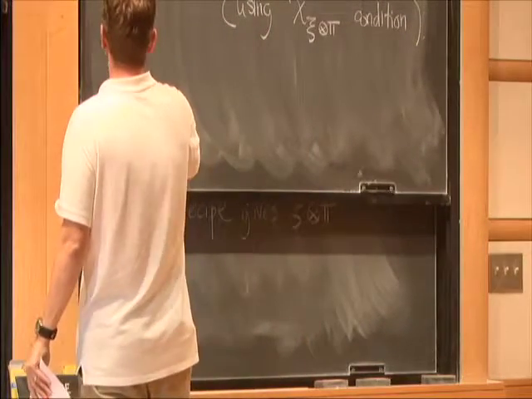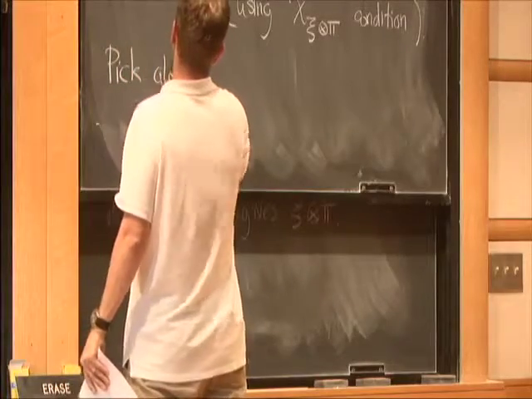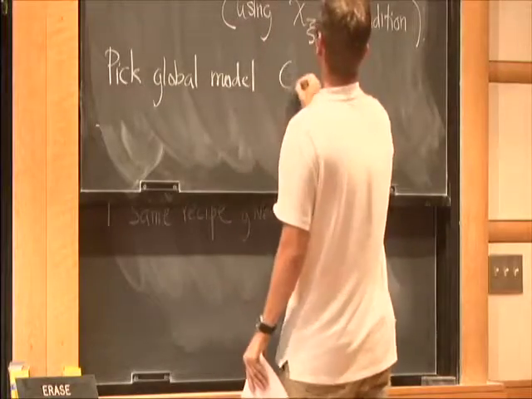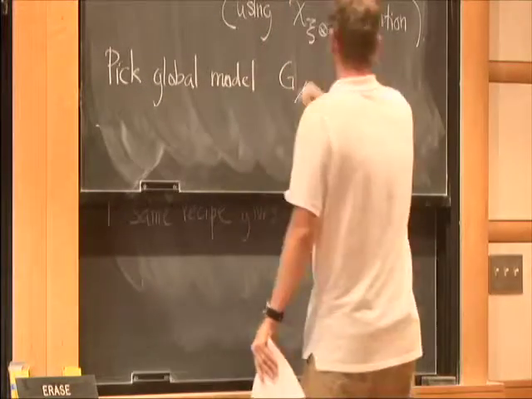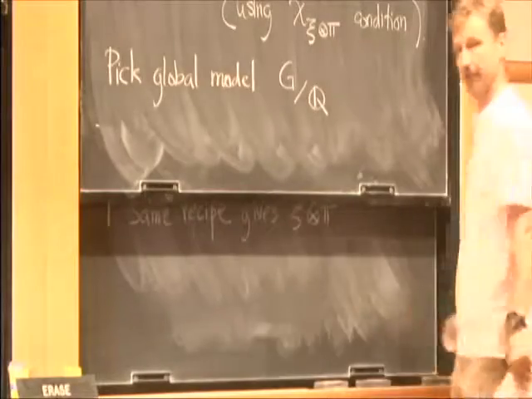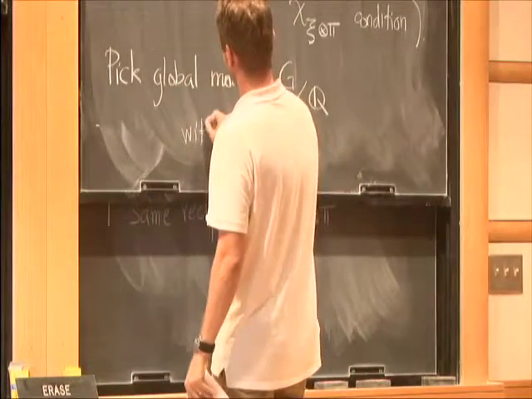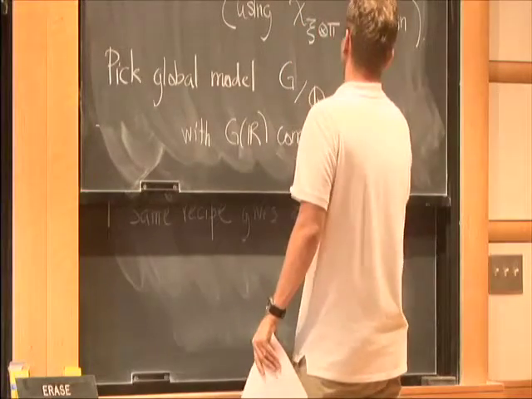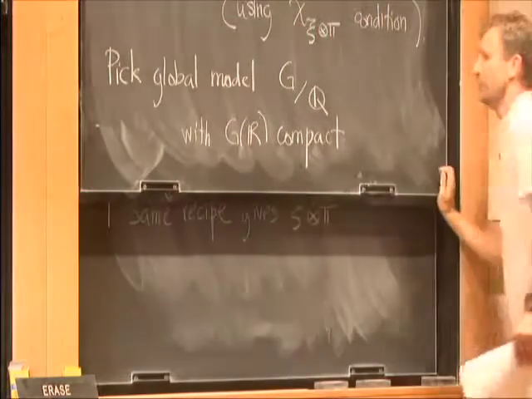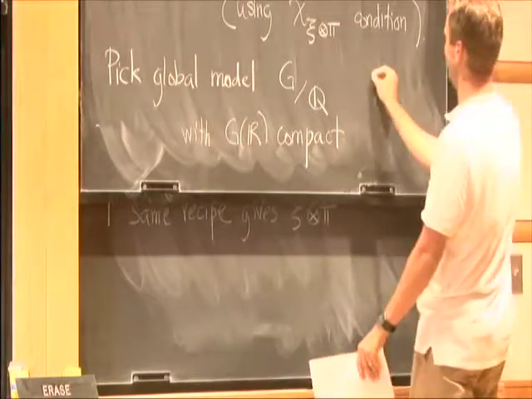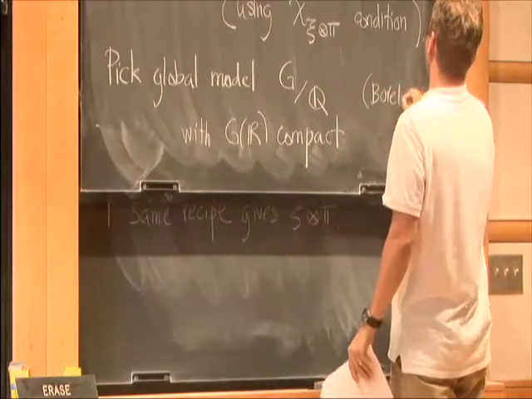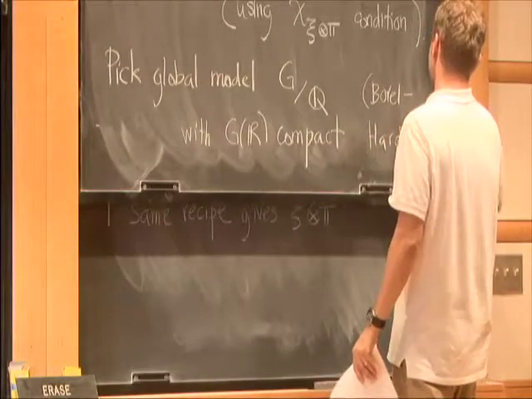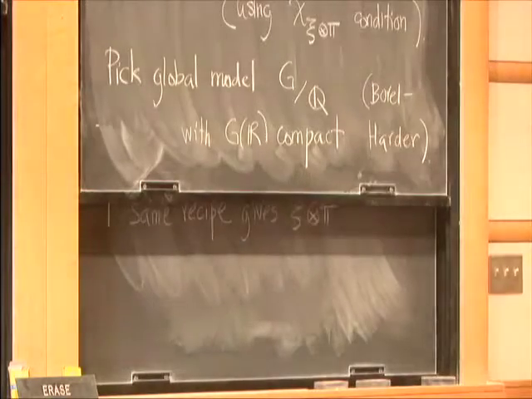So you pick some global model of your group, which is defined over Q, and which is compact at infinity. So this is really making use of a computation of Kottwitz and Harder, that you can prescribe these forms locally, because they're not inner forms, they're just forms.